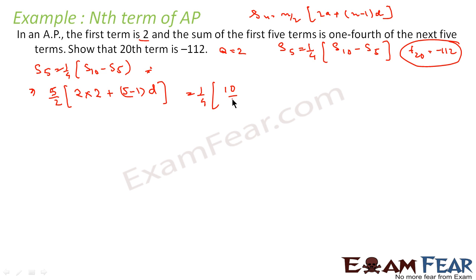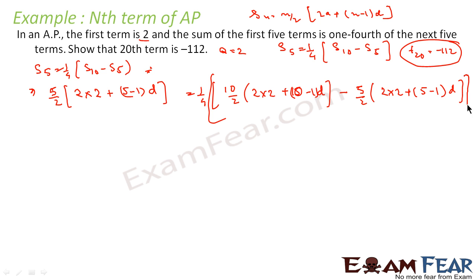S10 is equal to 10/2 into 2A is 2 plus n minus 1, that is 10 minus 1 into D, minus, in a bigger bracket, again S5 is equal to 5/2 into 2A is 2 plus 5 minus 1 D. That is the equation I have got.